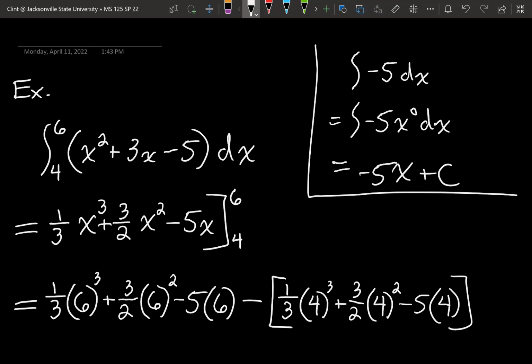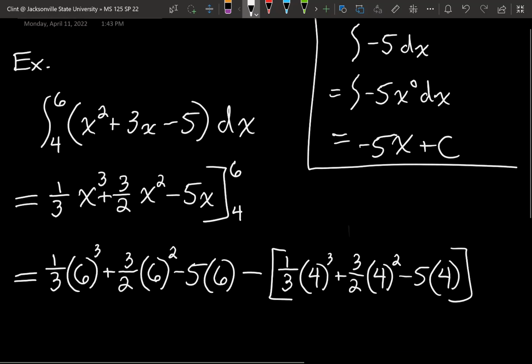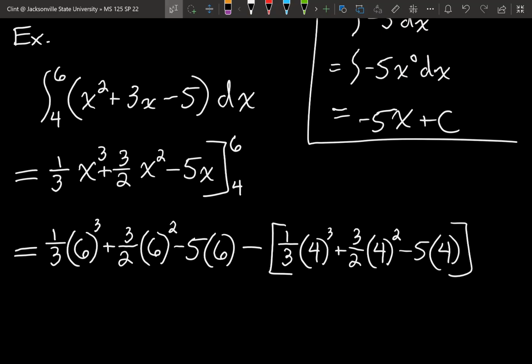And when we figure out what that is, we'll get a number, and that number is the net area underneath the graph of our starting function.